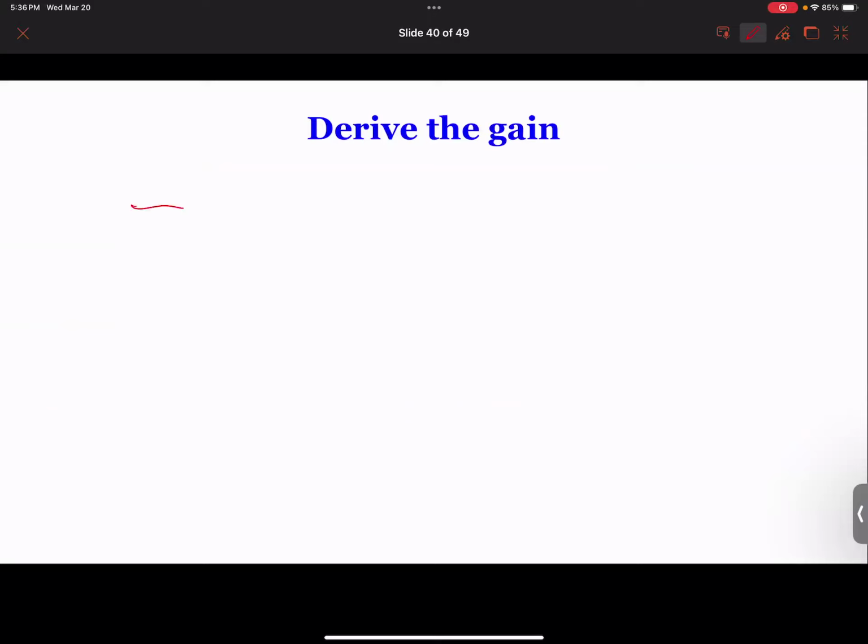So you have RD, you have this, RL, you have CC2. This is your ID, and this is your VO. So we're going to get this as IO. This is your IO.